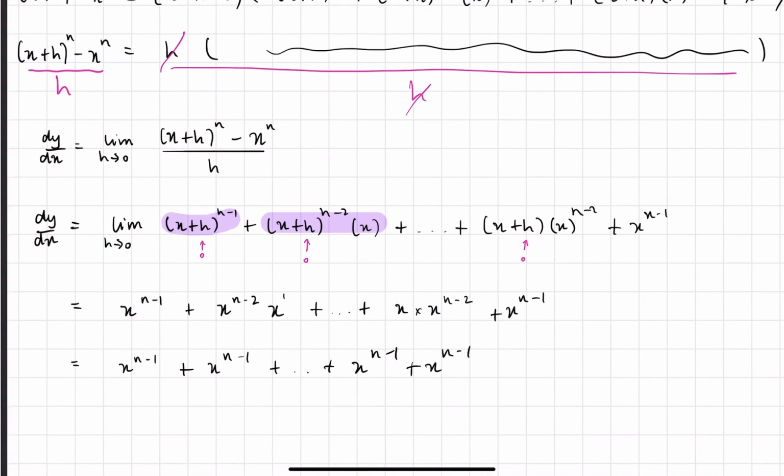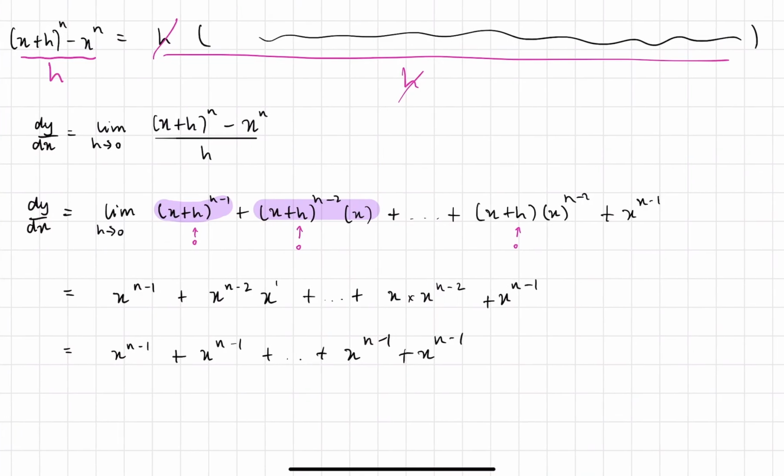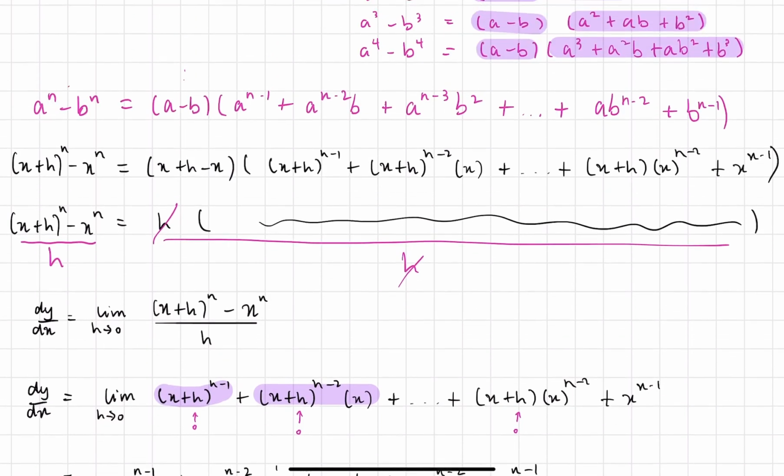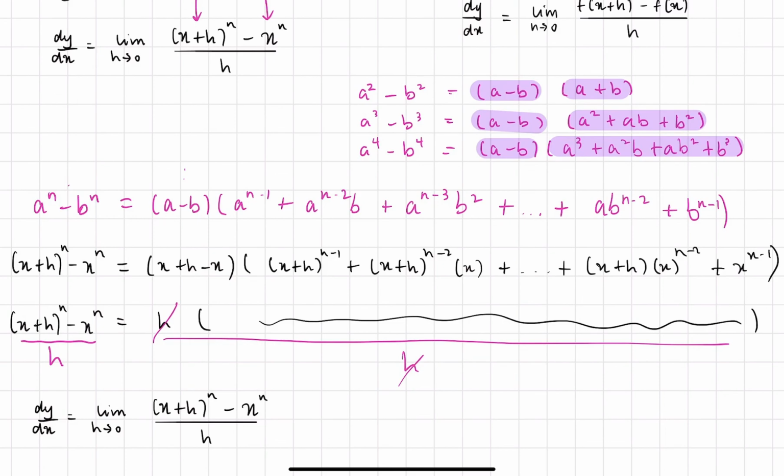Now the question is, how many of these do we have? How many terms do we have? Because we have that many x^(n-1)s. Well, to really know, if we come back here, where did this whole thing come from? This came from the second bracket, right?